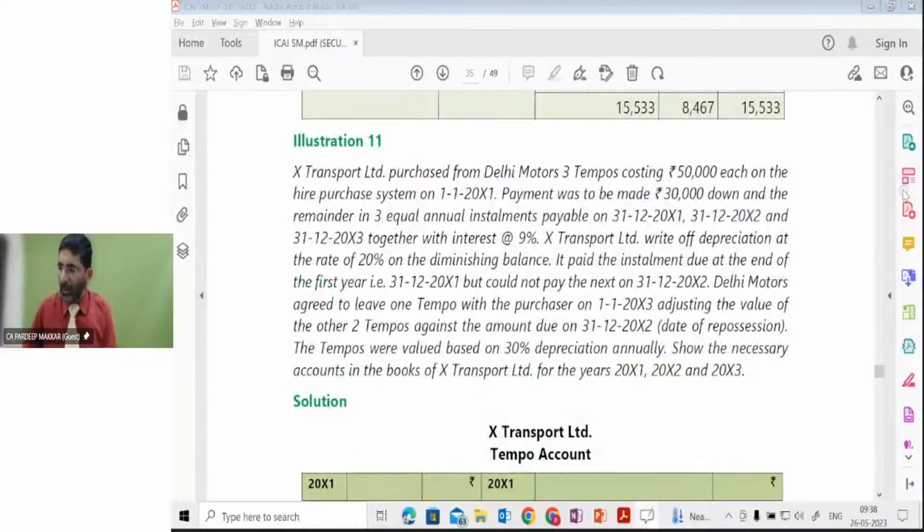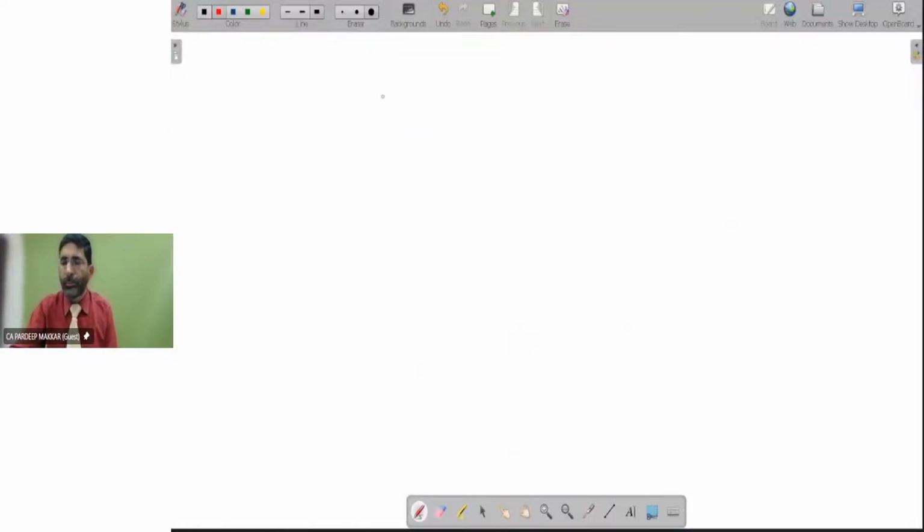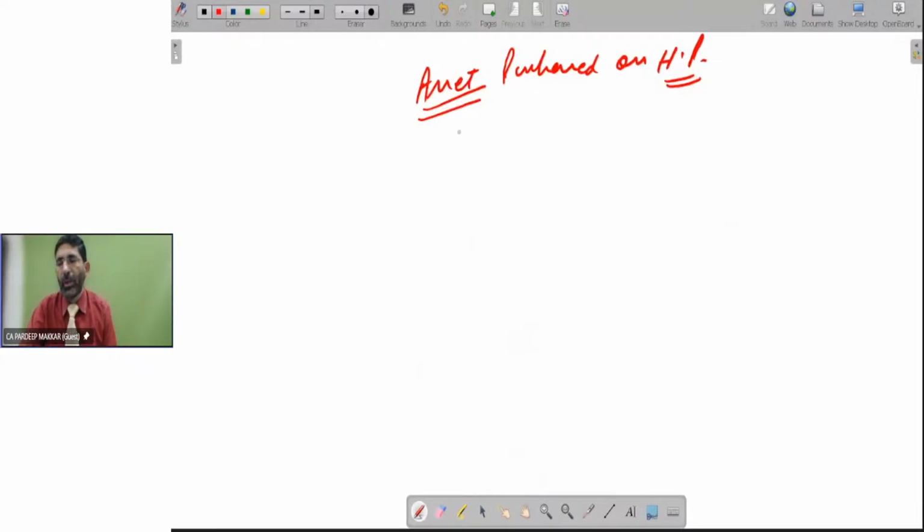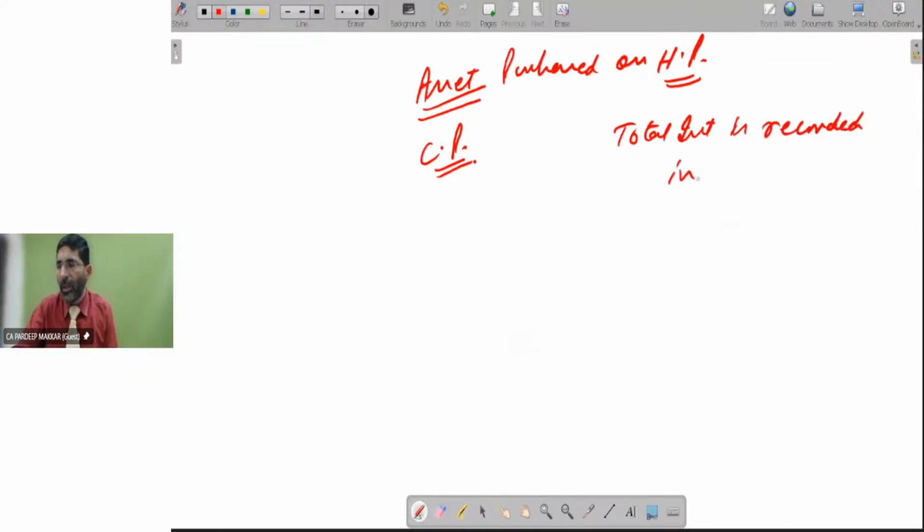When we purchase an asset on HP basis, the entry is made in the books of accounts at cash price only, and the total interest is recorded in the interest suspense account, beta.